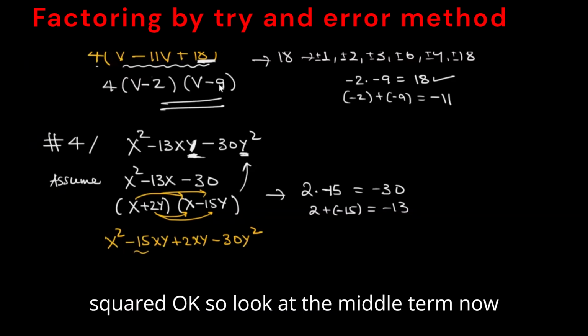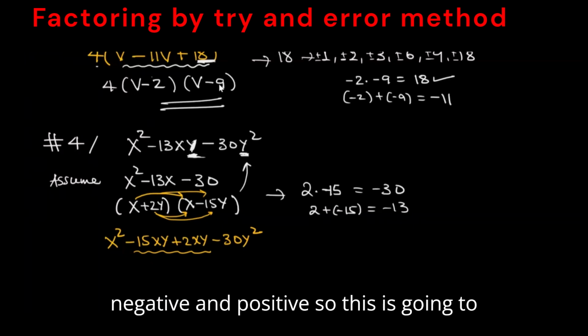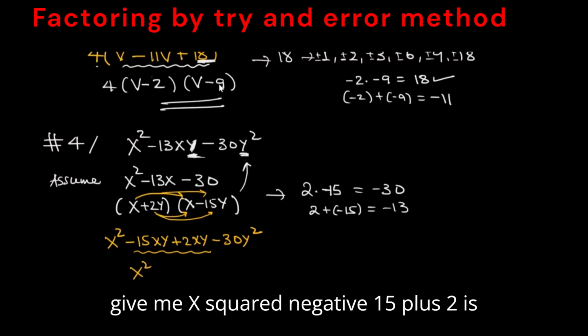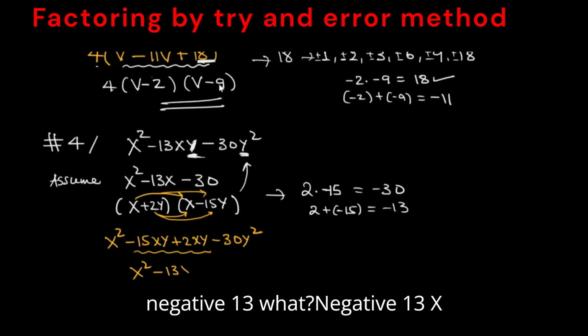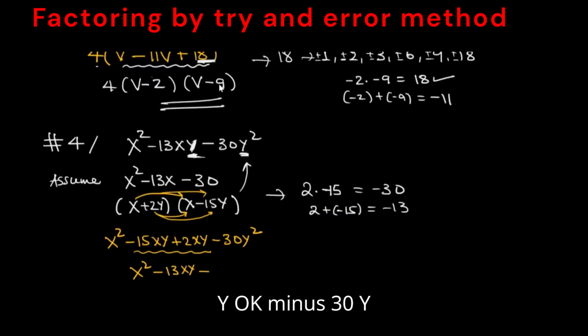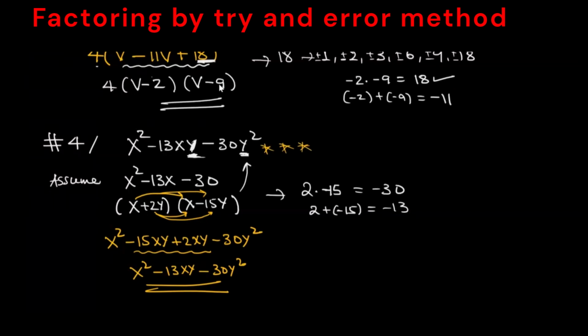So look at the middle terms now. The middle terms are like terms, but negative and positive. So this is going to give me x squared, negative 15 plus 2 is negative 13 what? Negative 13xy, minus 30y squared, which is the same as the original expression in here.